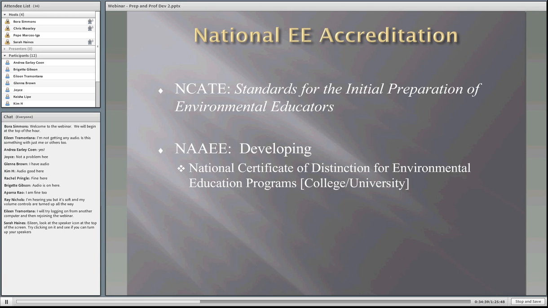So for this notion, with what Sarah has just walked us through and what Chris has walked us through, there's good news and there's bad news. The great news is that a lot of the states are developing these state EE professional certification programs that are built off of the guidelines, and using the environmental education guidelines within their courses for the development of pre-service teacher programs, just as Chris walked through, and using them as a framework to think about the research and think about what we need to do in terms of professional development.